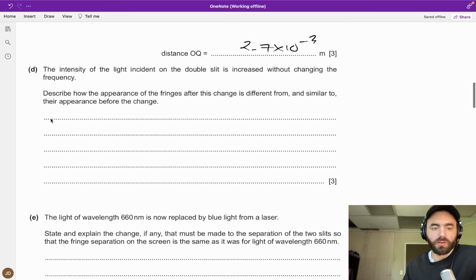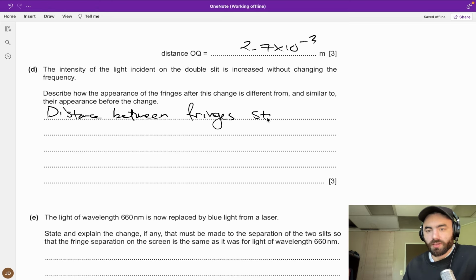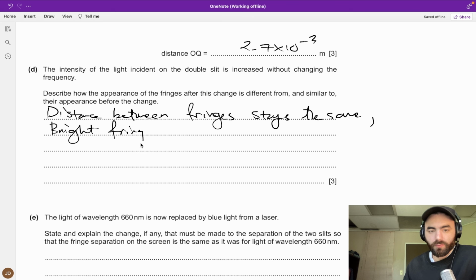So, as you could say, distance between fringes stays the same. However, the bright fringes will get brighter, right?